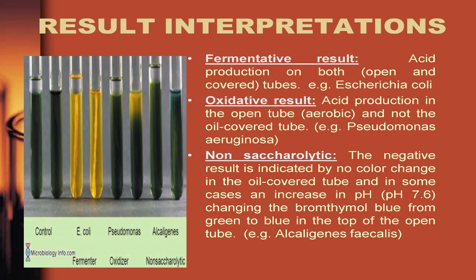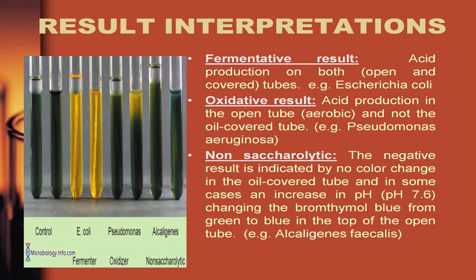A non-saccharolytic or negative OF test will be interpreted when non-saccharolytic bacteria give a negative OF result. The negative result is indicated by no color change in the oil-covered tube and, in some cases, an increase in pH to 7.6, changing the bromothymol blue from green to blue in the top of the open tube.